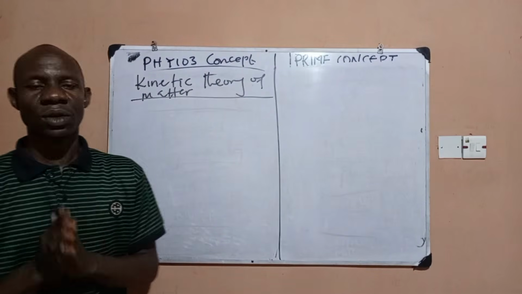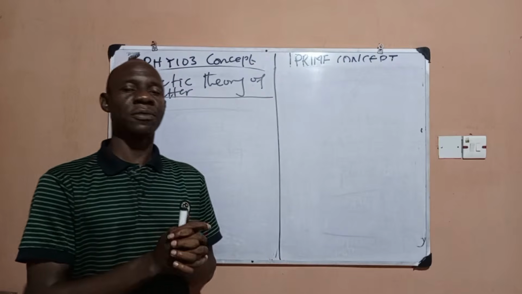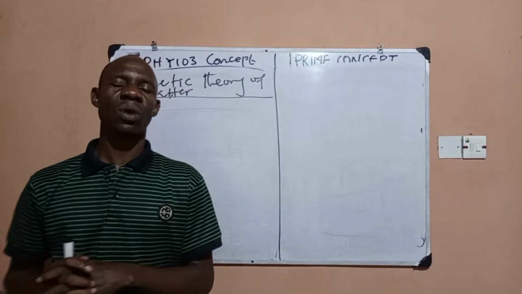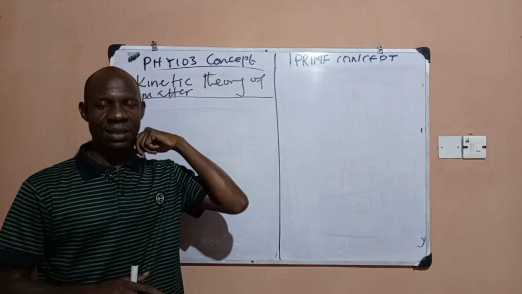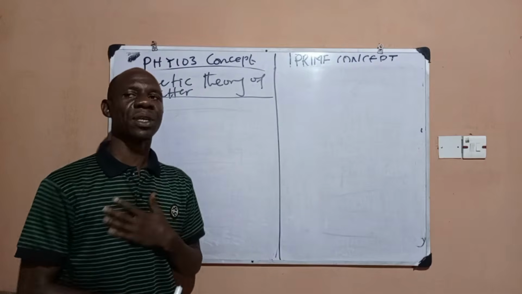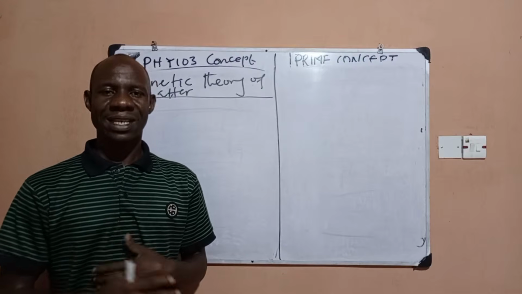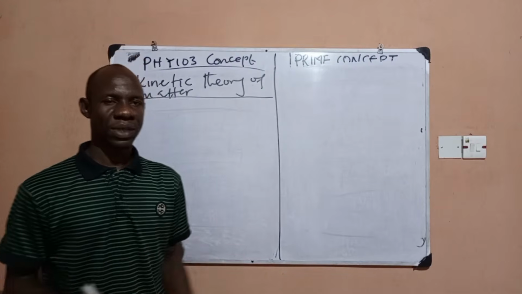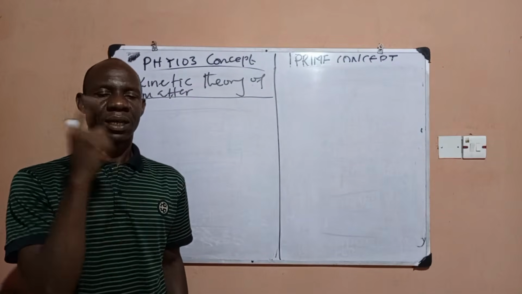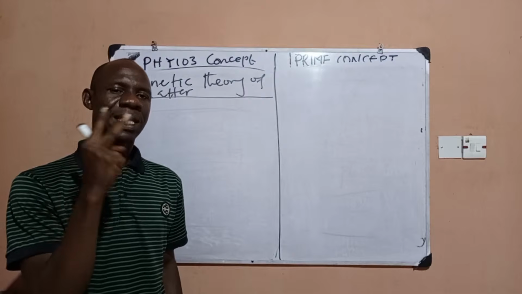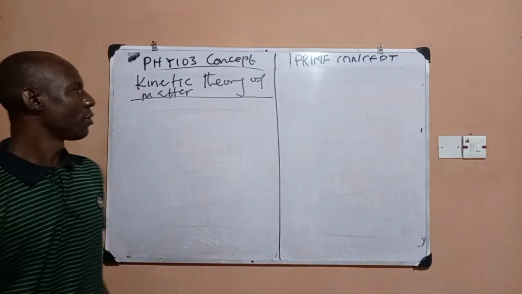You should also know that gases can diffuse, liquids can also diffuse, but solids cannot do what? Diffuse. Gases can be compressed, liquids can be compressed, but solids cannot be easily what? Compressed. So you should know about the fluidity, the diffusibility, and the compressibility of the phases of matter.